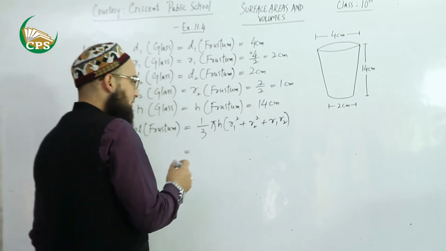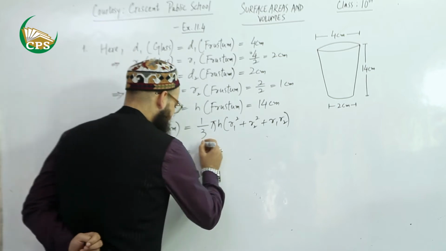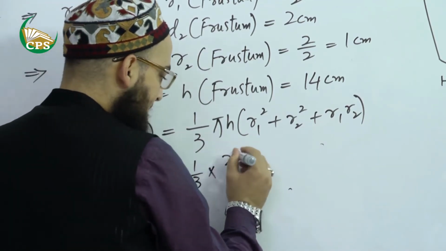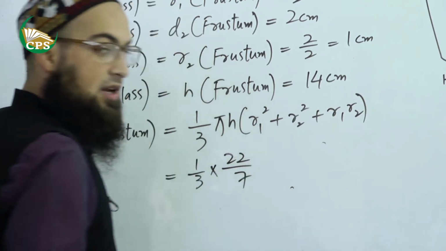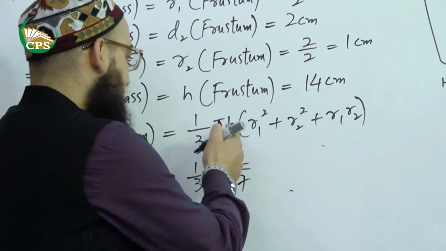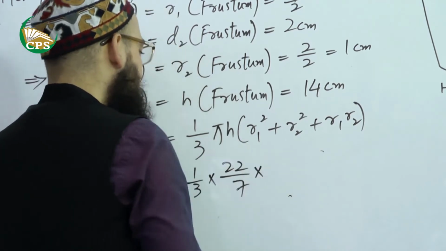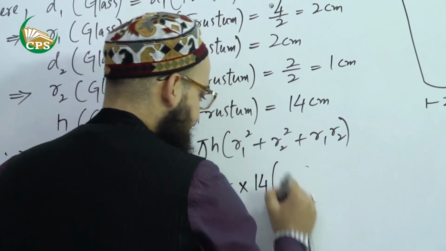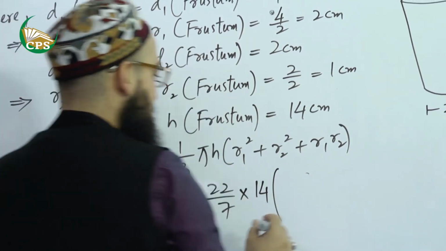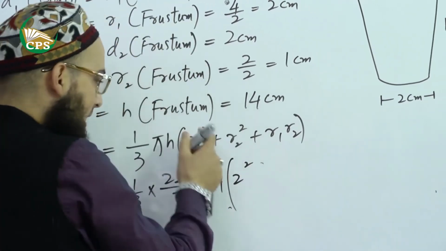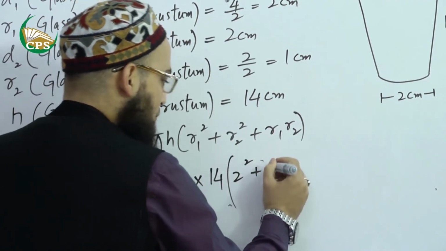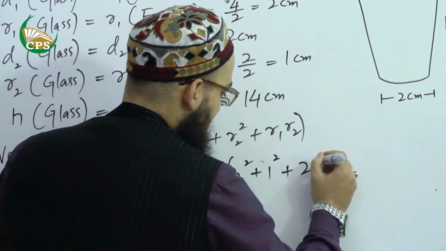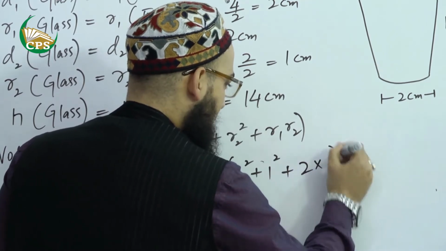Now put the values in: 1 by 3 times, now you can treat pi as 22 by 7, nearest rational number value for pi, times h, height is 14 centimeter, times R1 2 square, plus R2 1 square, plus R1 R2, that's 2 times 1.